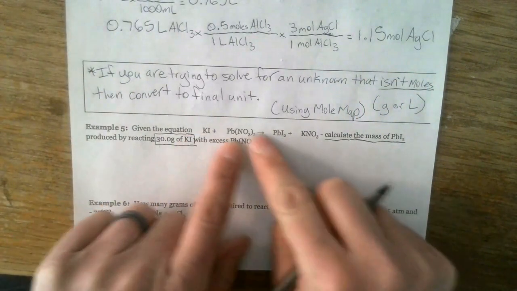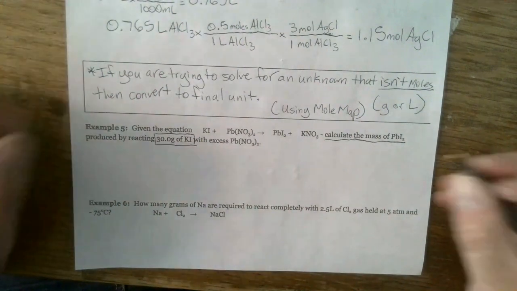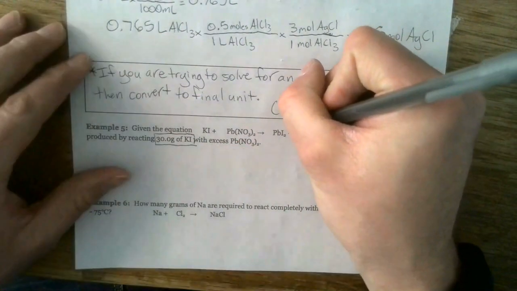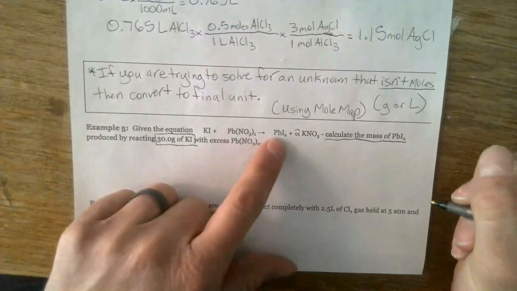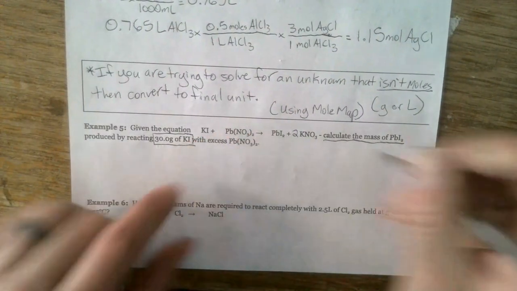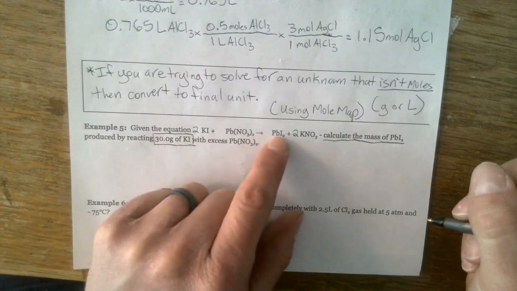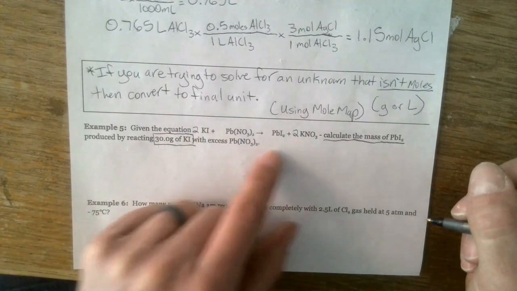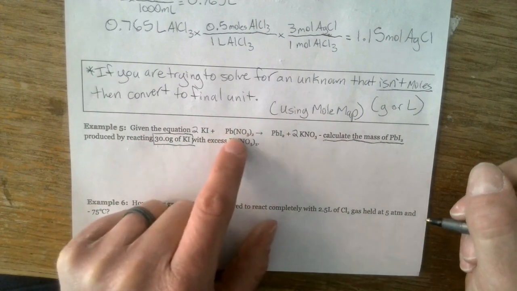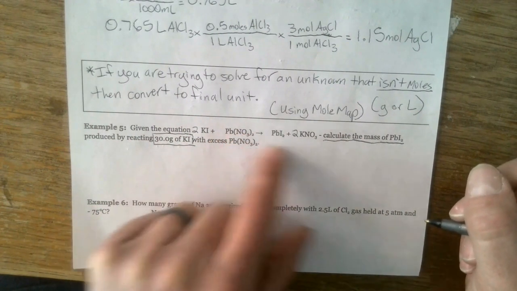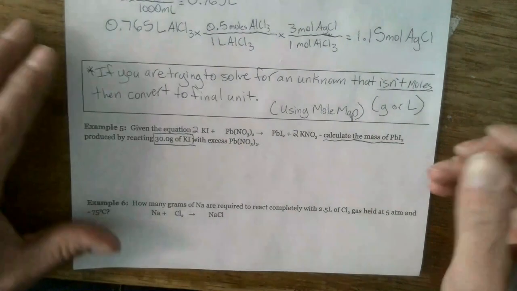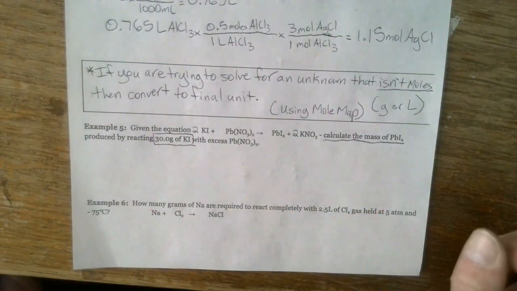So same thing as before, we need to balance this equation. So if we've got 2 nitrates here, we need 2 nitrates here. If we have 2 iodine here, we need 2 iodine here. Now if we look, iodine 2 on each side, potassium 2 on each side, lead 1 on each side, and then nitrate 2 on each side. So now that is our balanced equation.